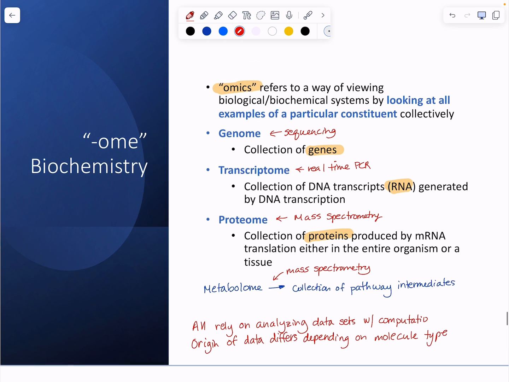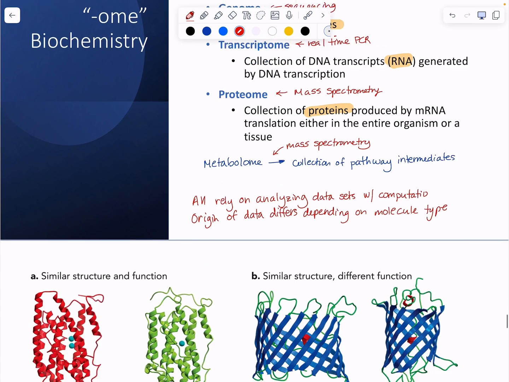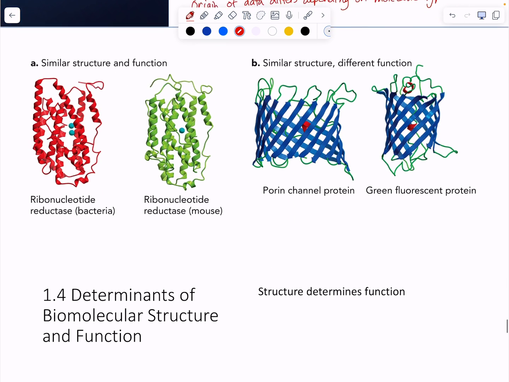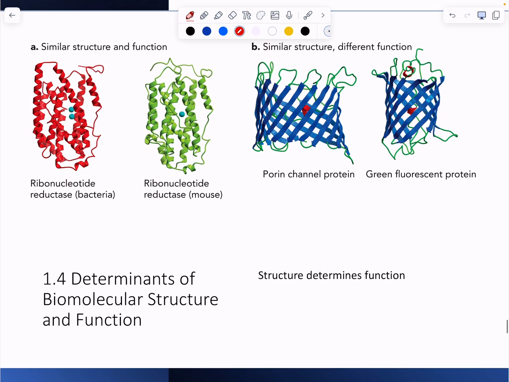So let's say we've used some of our omics and we've identified a protein that is just not functional or has an impaired function in a particular state.